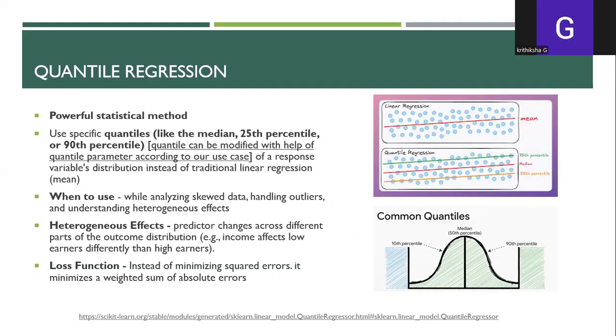Heterogeneous effect, in the sense, for example, in a company they are giving a 5% salary hike for all the employees, but the employees include higher salary employees and also lower salary employees. If they give a 5% hike, the hike amount will not be the same. It will be based on the salary of the employee.